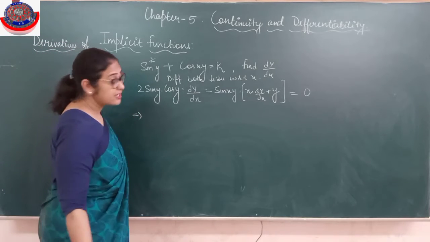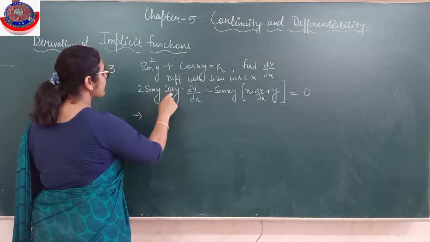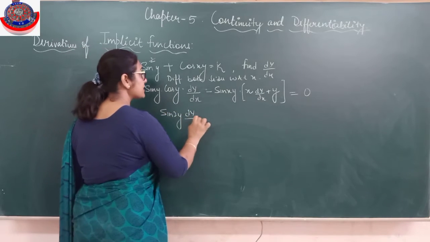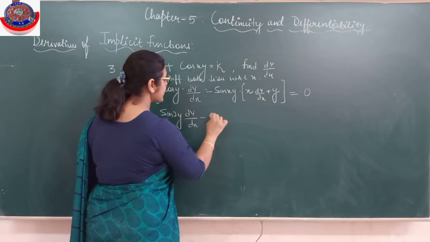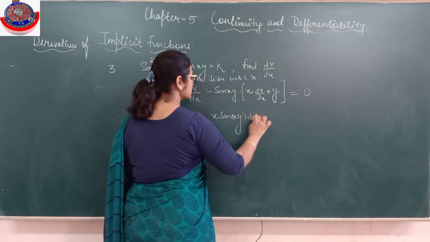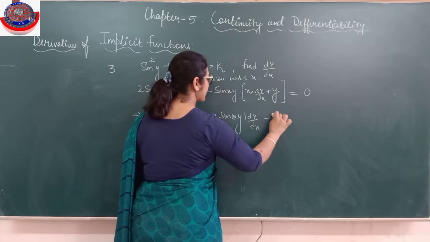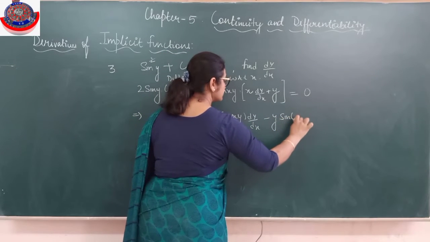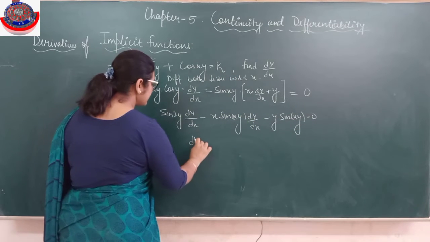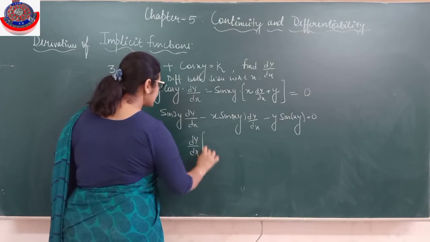Trigonometric formulas will never leave you. As I always say, 2 sin y cos y is the formula of sin 2y. This term has dy upon dx, and this term also has dy upon dx. So collect the dy upon dx terms on one side and the rest on the other side.